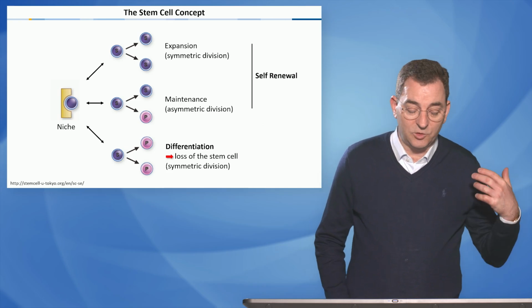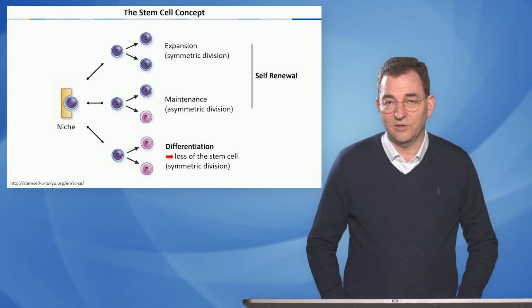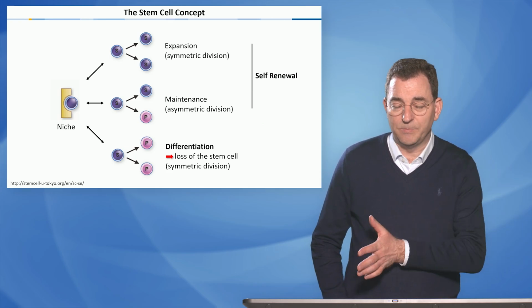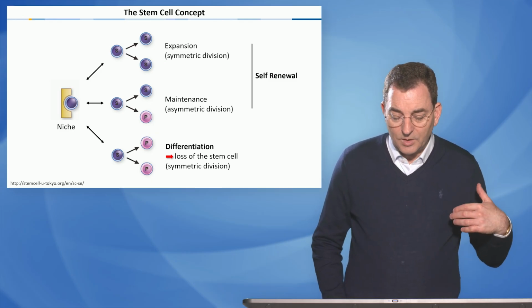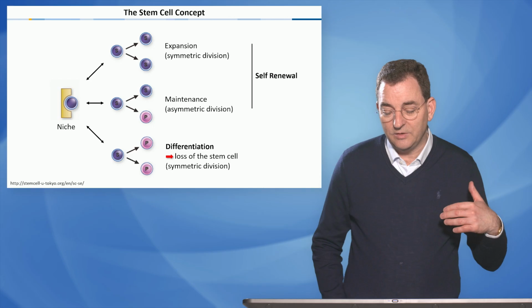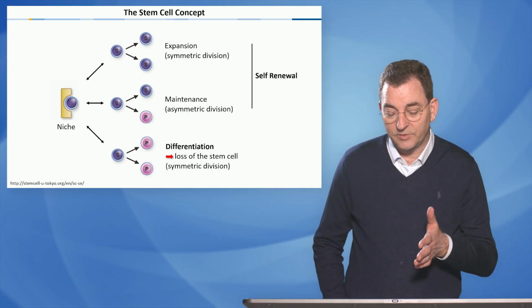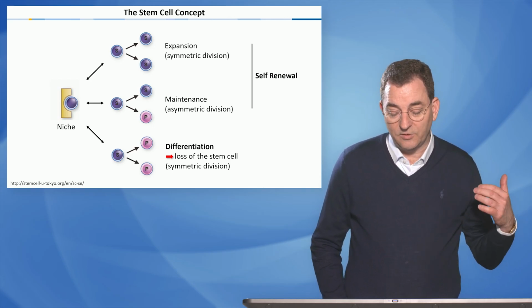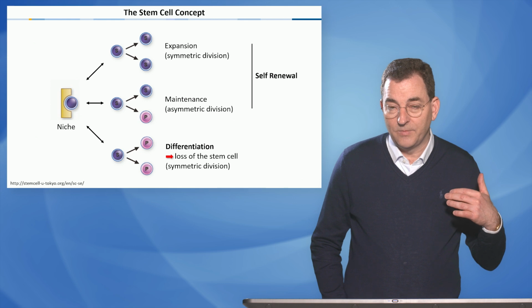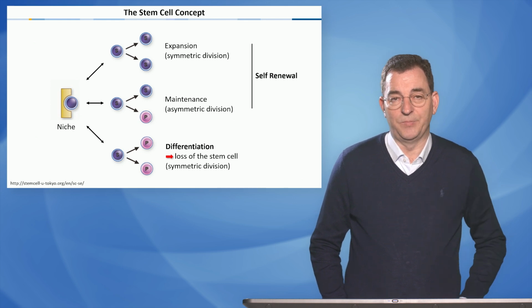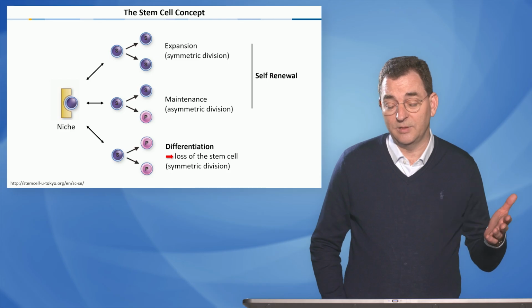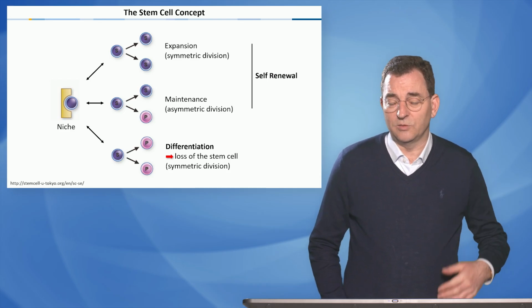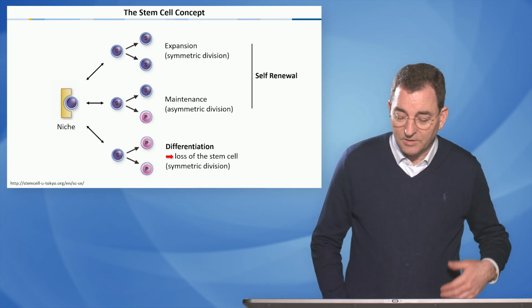Or, after division, both cells would differentiate and get lost as stem cells, but become something highly specialized at the end. So, in both first cases, where we have either expansion, symmetric division, or maintenance of the stem cell, asymmetric division, self-renewal is happening. And of course, you want to maintain your stem cells or even expand them, otherwise the organism would disintegrate.